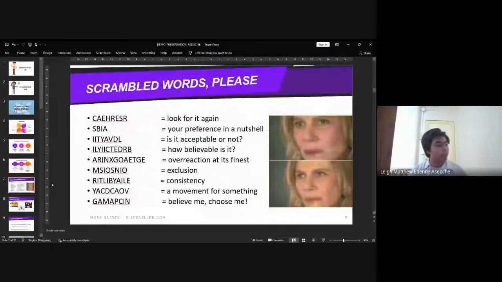Our first activity for today is scrambled words. I know many of you are familiar with this kind of activity. The keywords are scrambled, and beside them are hints that would help you unscramble the words. On a piece of paper, kindly unscramble the words.